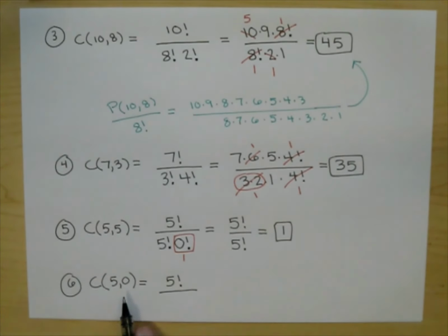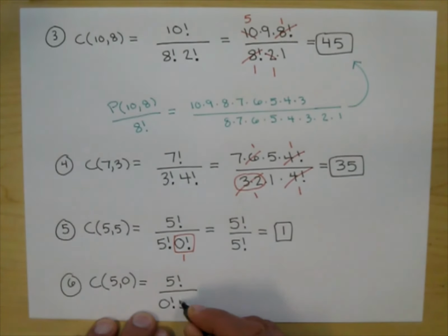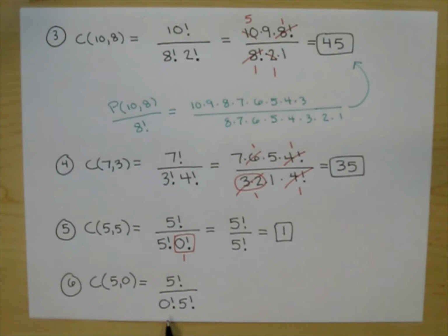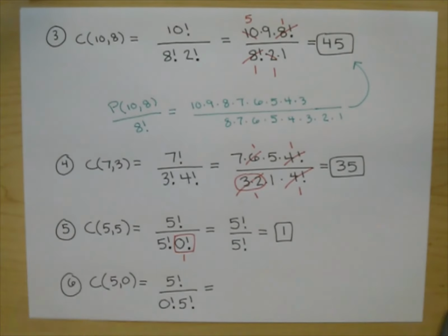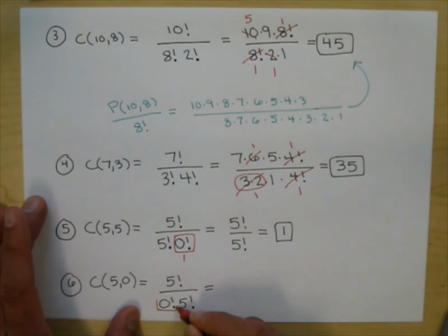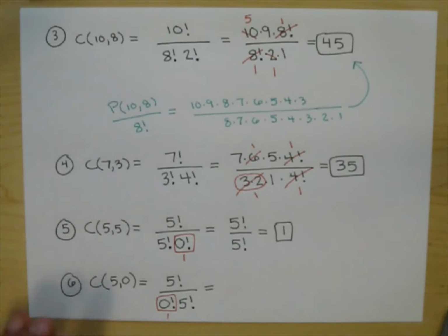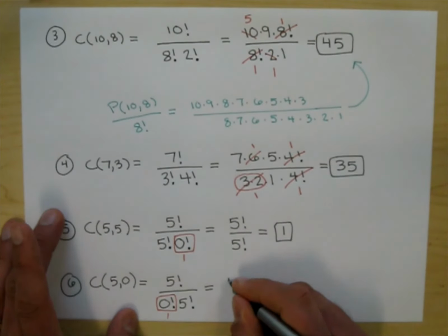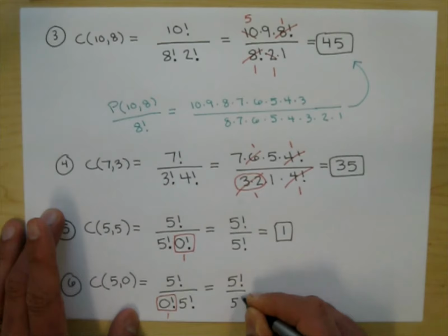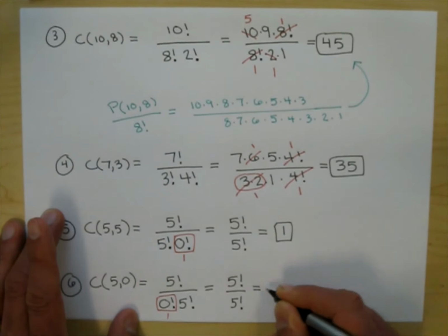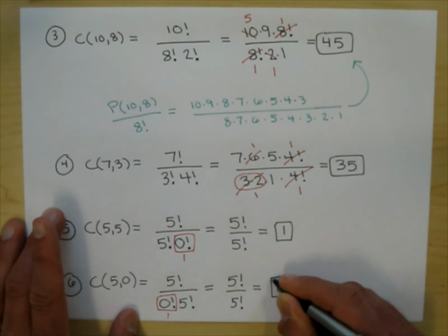And on the bottom we have 0 factorial. And then 5 minus 0 is 5 factorial. So the bottom ones add up to the top one. That 0 factorial is 1. So you just had 5 factorial over 5 factorial, which is 1.